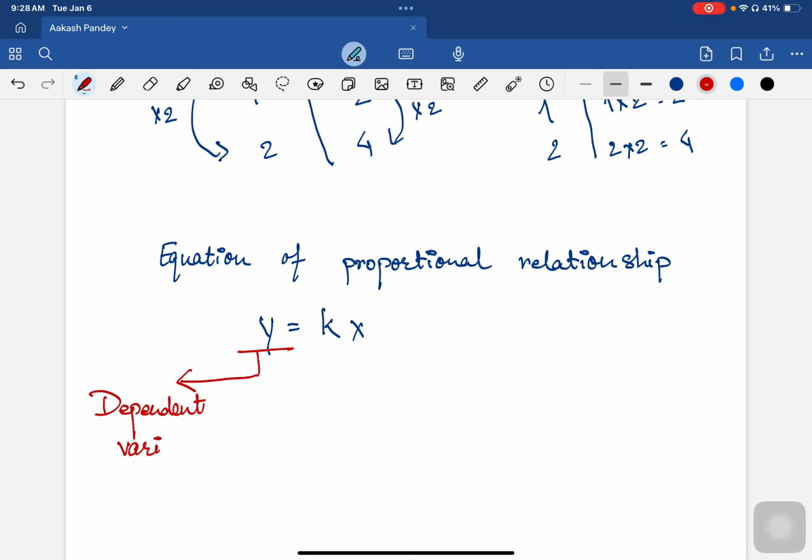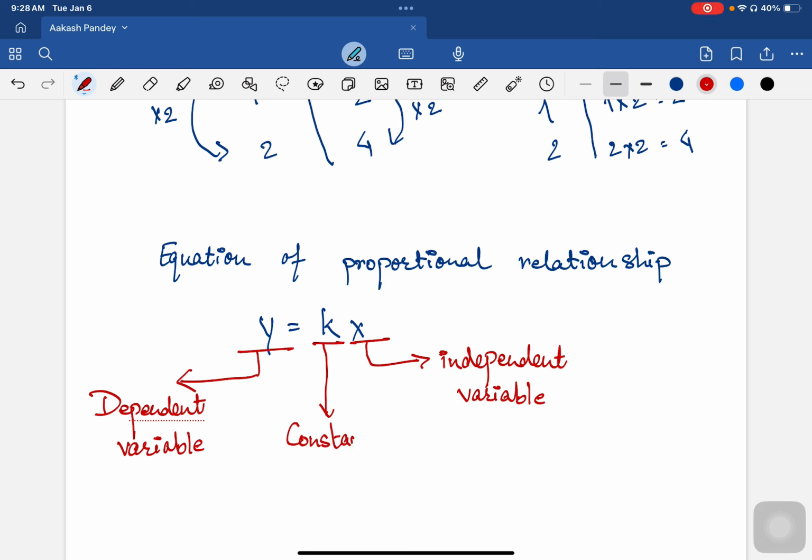That depends on something else, right? X represents your independent variable, and k represents your constant of proportionality. Let's call it COP for a short name.